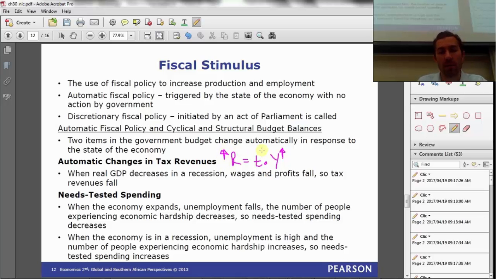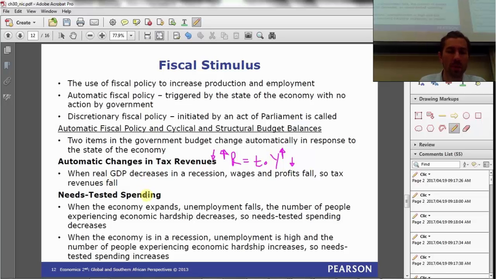So without government making any kind of discretionary decisions about how T should change, if output increases, government naturally gets more revenue. Alternatively, if output decreases, what happens to government revenue? It decreases, okay? So when real GDP decreases in a recession, wages and profits fall, but so does tax revenue.